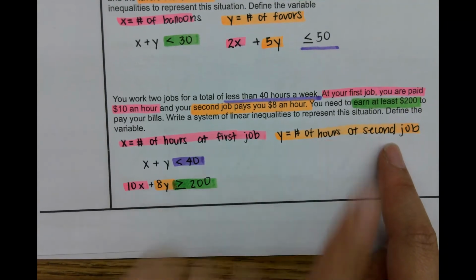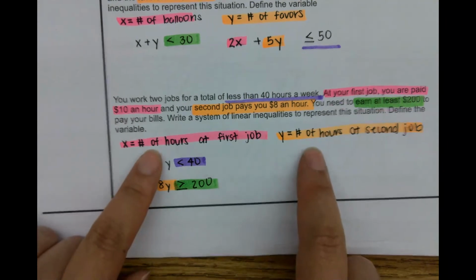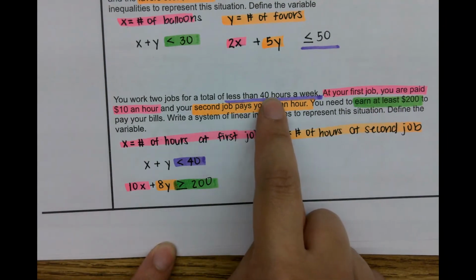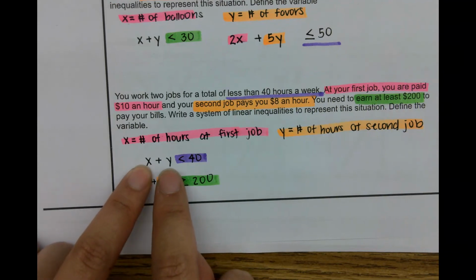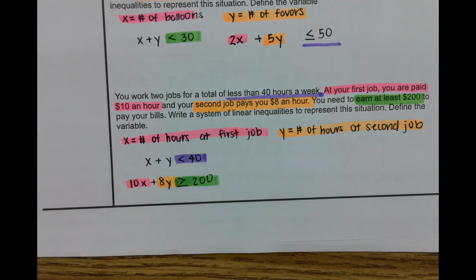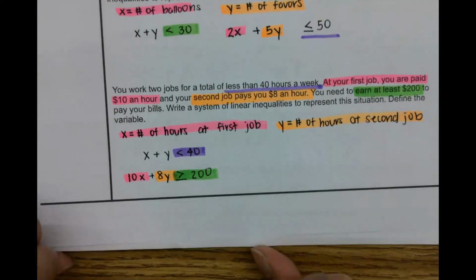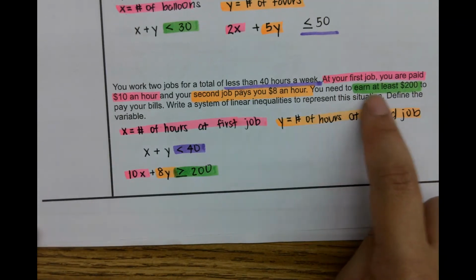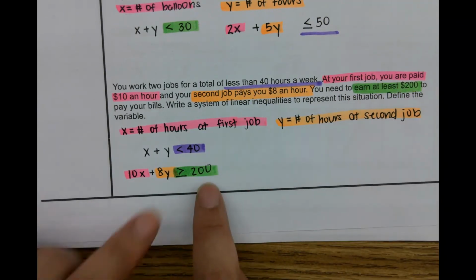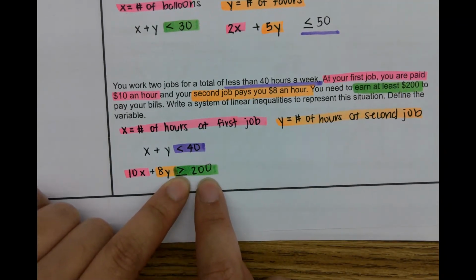Okay, so the total of hours you work has to be less than 40. So that's why it's x plus y here. The number of hours at first job and second job have to total to be less than 40. Right? Then the other total we know is how much money we want to earn. So since we want to earn at least $200, whatever we make has to be greater than or equal to that.